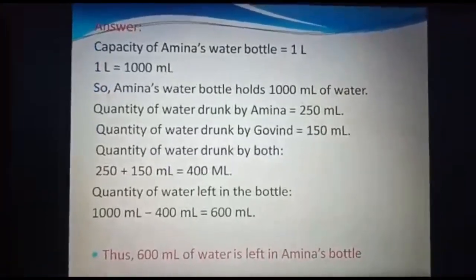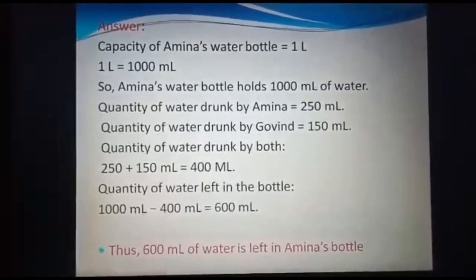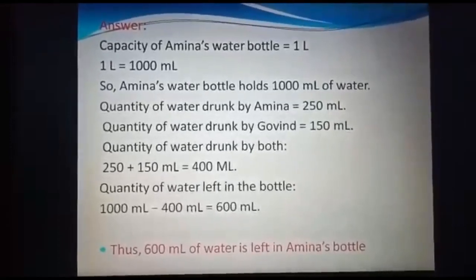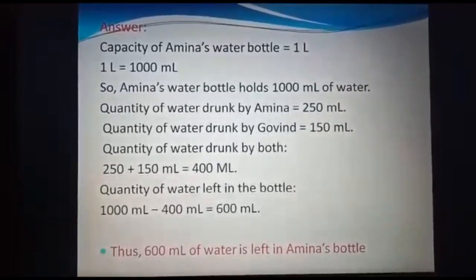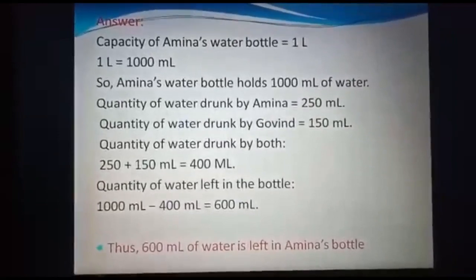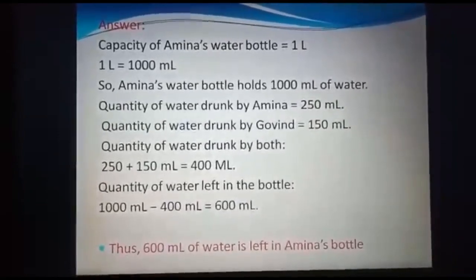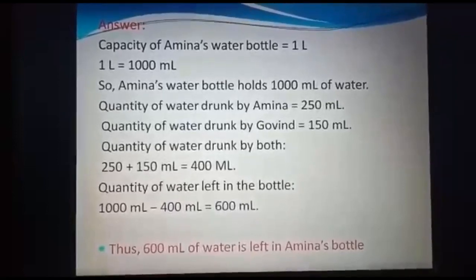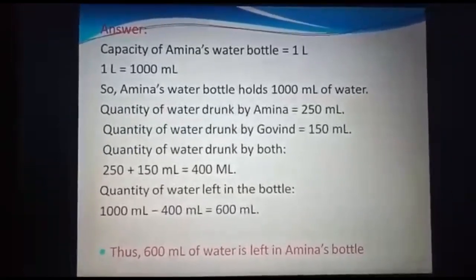Now the answer. Capacity of Amina's water bottle is 1 liter. 1 liter equals 1000 milliliter. So Amina's water bottle holds 1000 milliliter of water. Quantity of water drunk by Amina equals 250 milliliter. Quantity of water drunk by Govind equals 150 milliliter.